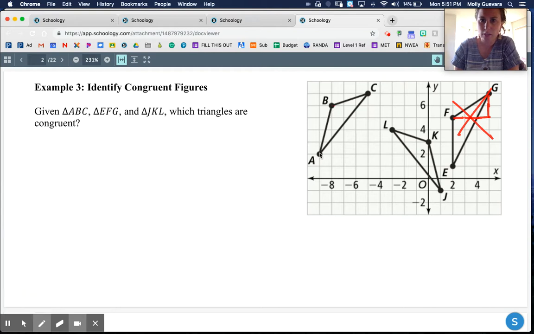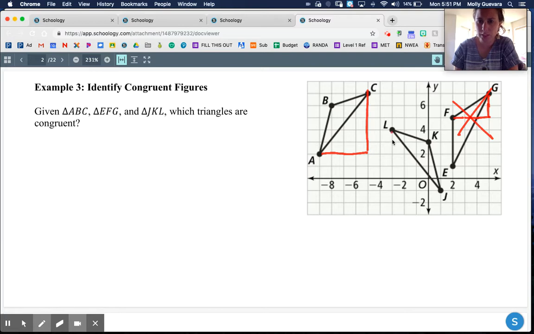So now let's check other points on this triangle, right? From A to B, I go 1, 2, 3, 4, 1. From K to J, I go 1, 2, 3, 4, 1. So that's still good. So far, 2 of the sides are the same and looking good. And then the last one is A to C. So I go 1, 2, 3, 4, 1, 2, 3, 4, 5.